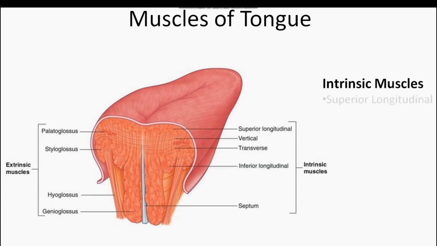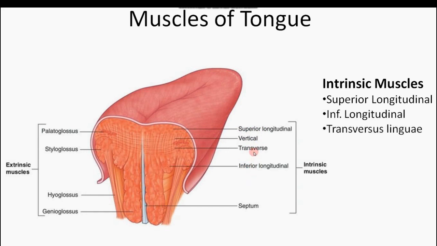First we see the superior longitudinal muscle, next is the inferior longitudinal muscle, then the transverse or transversus linguae muscle, and last is the vertical linguae muscle.